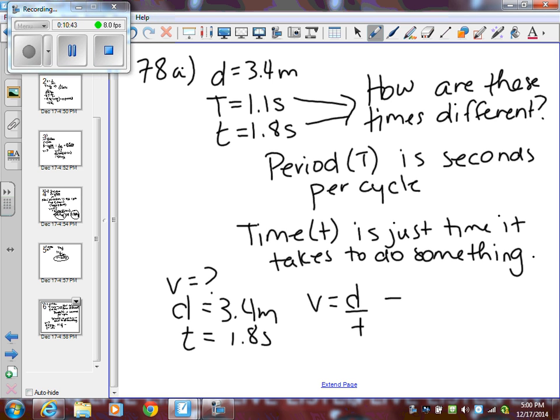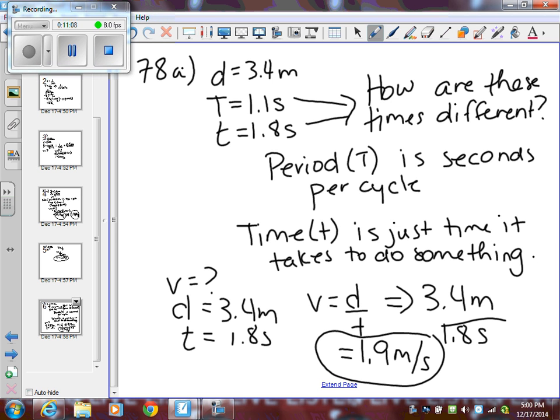Therefore, we're going to have 3.4 meters divided by 1.8 seconds. If you calculate that out, 3.4 divided by 1.8 should get 1.88. We're going to round to 1.9 meters per second. And make sure you circle your answer.